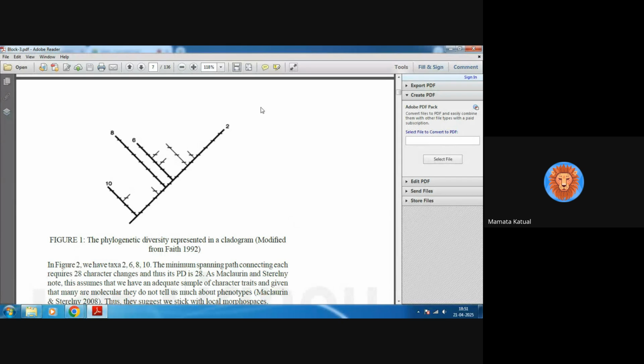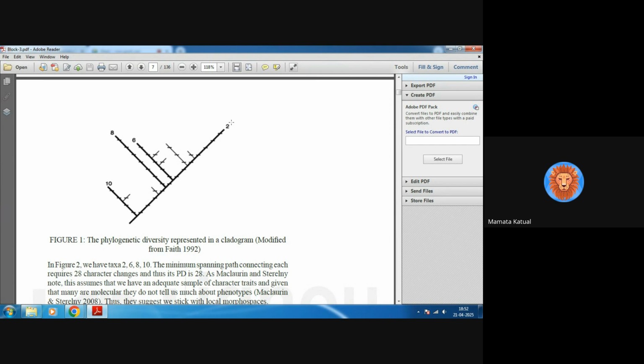So this is 4 species, or actually in a phylogenetic tree we study taxa. That means it may be a species or it may be a genus or it may be a family. So these are different taxa.